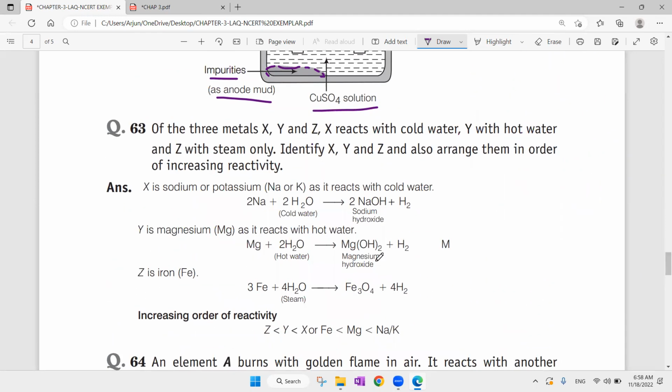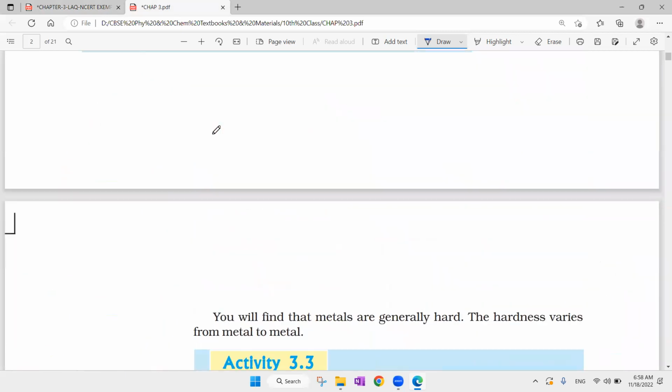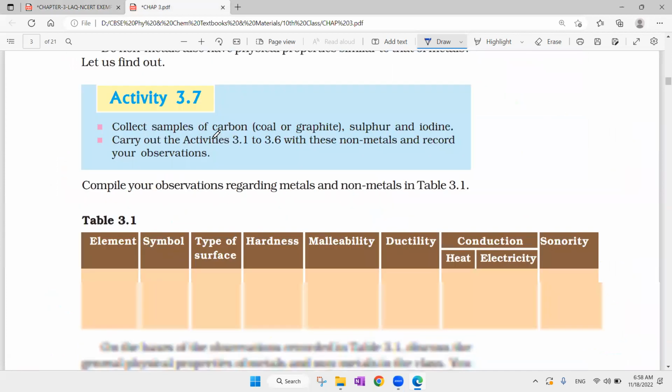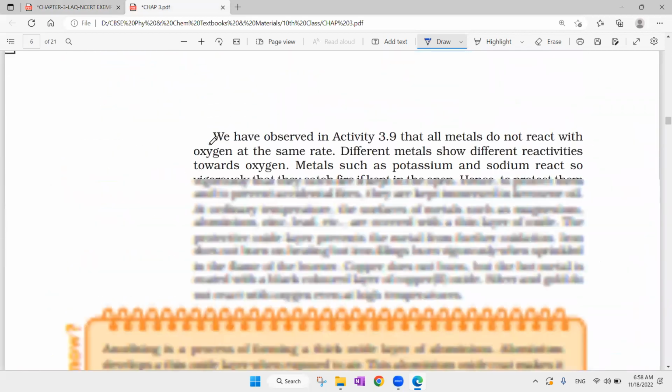Next, of the three metals X, Y, Z, X reacts with cold water, Y with hot water, and Z with steam only. Identify X, Y and Z and also arrange them in order of increasing reactivity. If you observe metals with water, in this concept itself you can get all the answers.